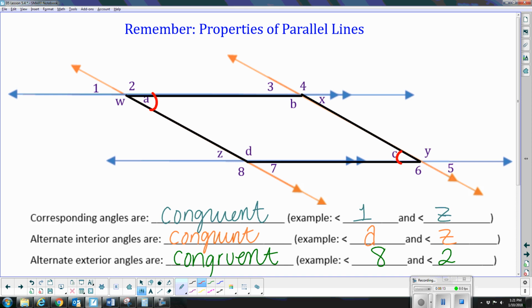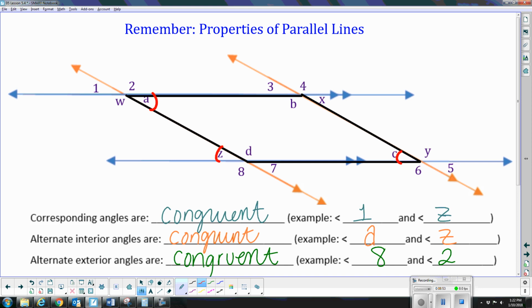If we look at this diagram, let's look at angle A to start with, and we're going to work our way over to C. Angle A and angle Z are alternate interior angles, looking at the orange line as the transversal. But now if we shift and we look at Z, and we look at the two orange lines as parallel lines, and the blue line becomes the transversal, then Z and C are corresponding angles, which makes them congruent.